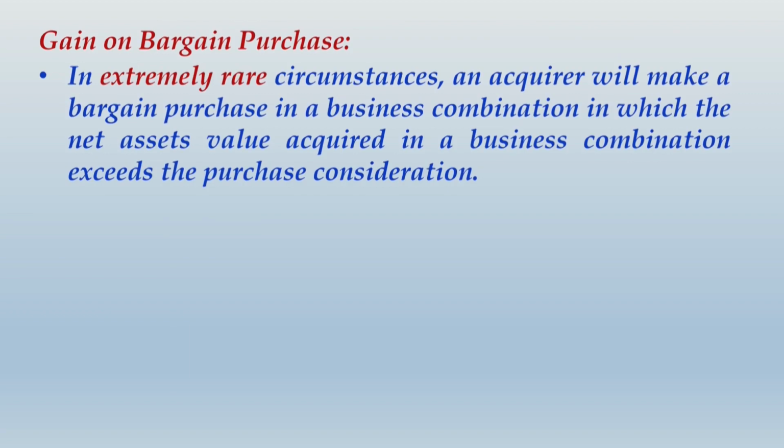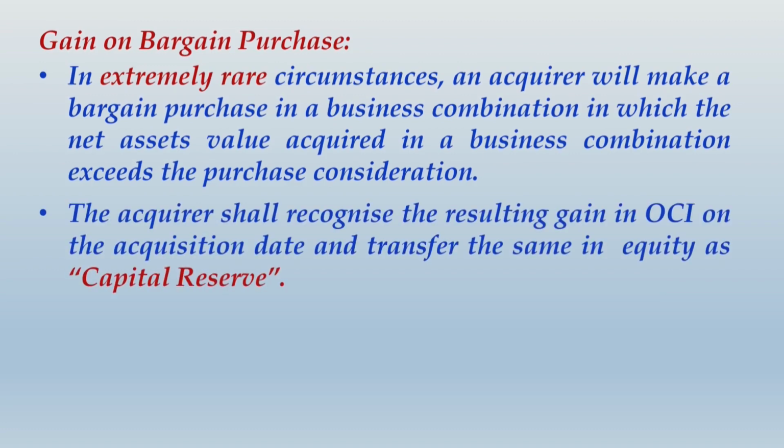So as we have just discussed, gain on bargain purchase: in extremely rare circumstances an acquirer will make a bargain purchase in a business combination in which the net assets value acquired exceeds the purchase consideration. The acquirer shall recognize the resulting gain in OCI on the acquisition date and transfer the same in equity as capital reserve.